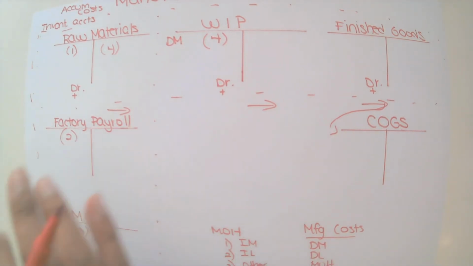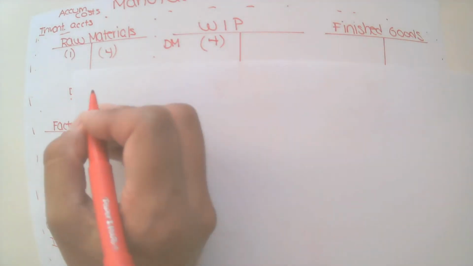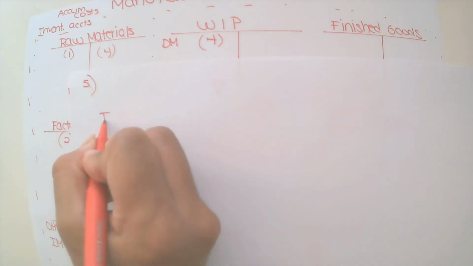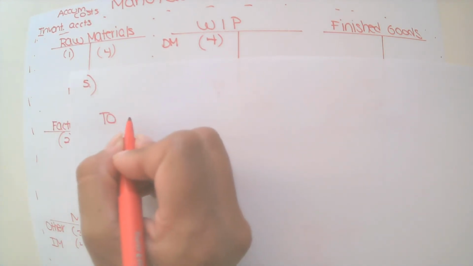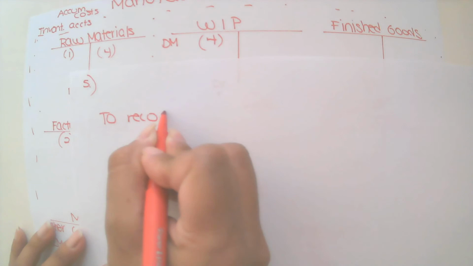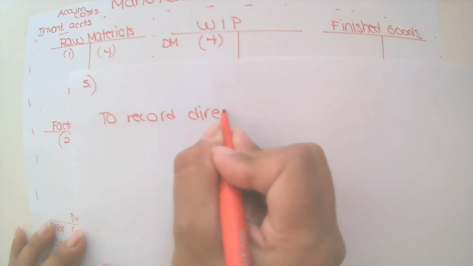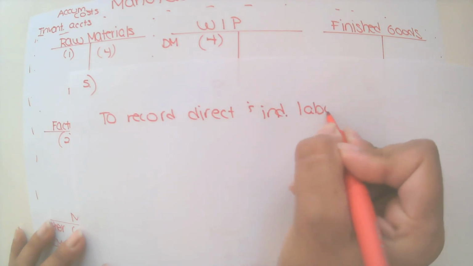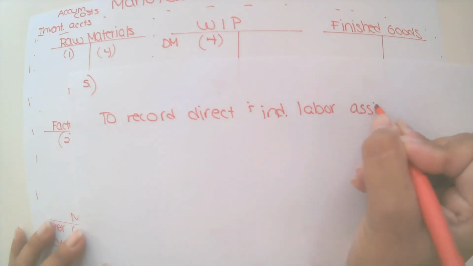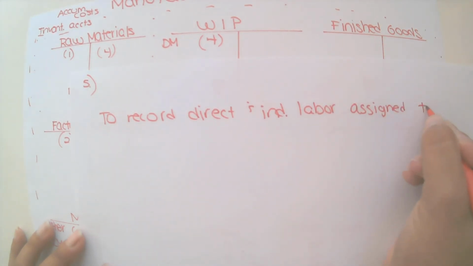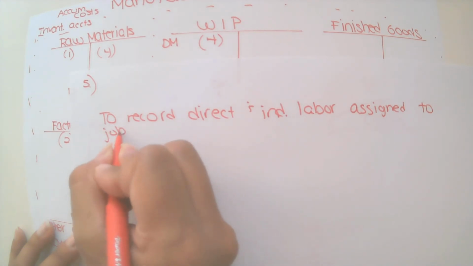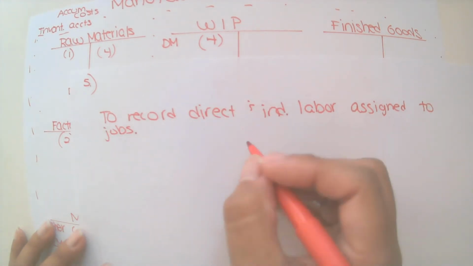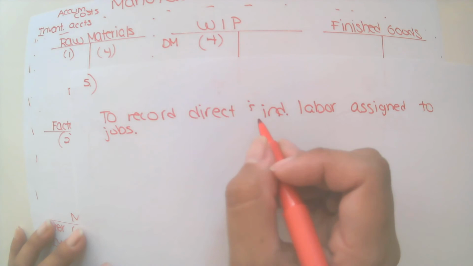All right, so our next journal entry will be for payroll. So let's call that journal entry number 5 to record direct and indirect labor assigned to jobs.